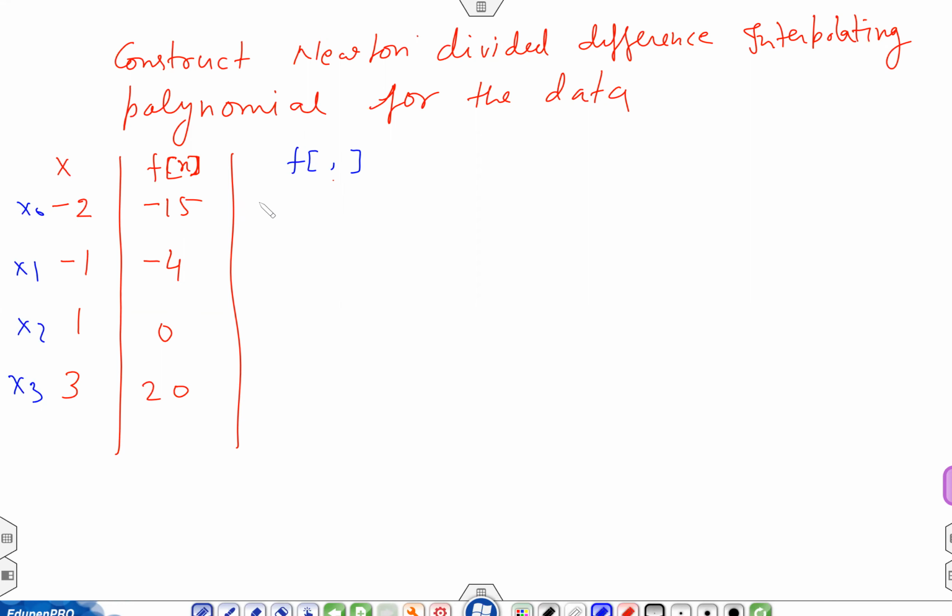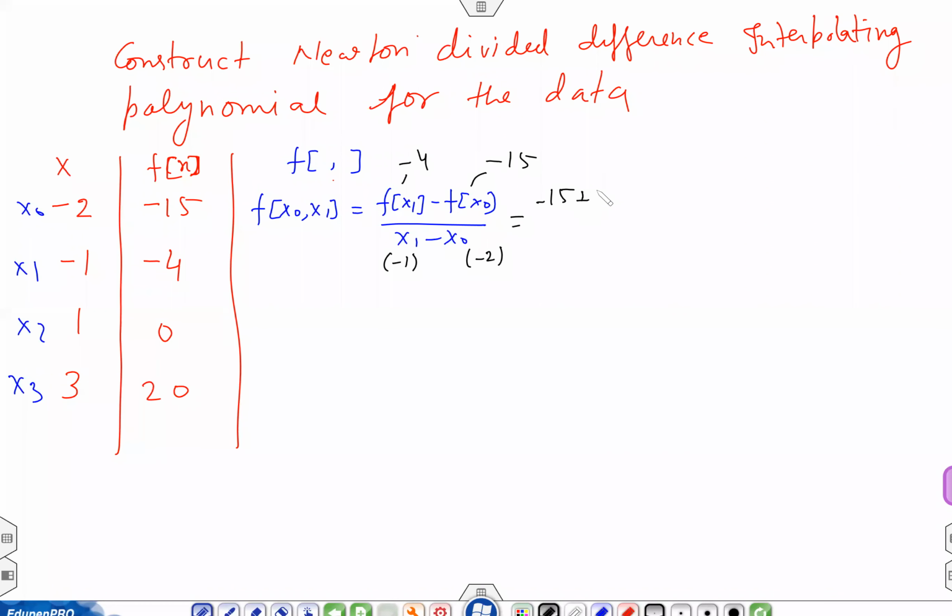So the value is f of x1 minus f of x0 upon x1 minus x0. f(x1) is -4, and f(x0) is -15. x1 is -1, and x0 is -2. So what is the value coming out to be here? -4 plus 15 upon -1 plus 2. The value is coming out to be 11.